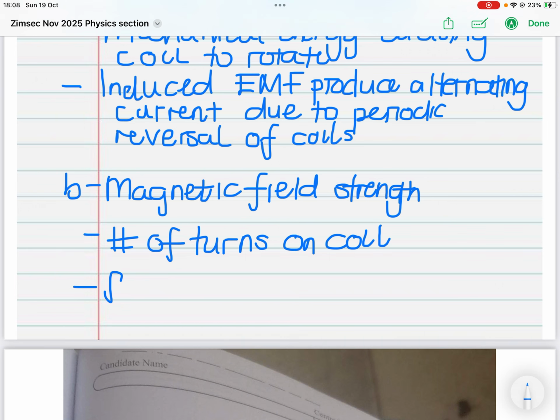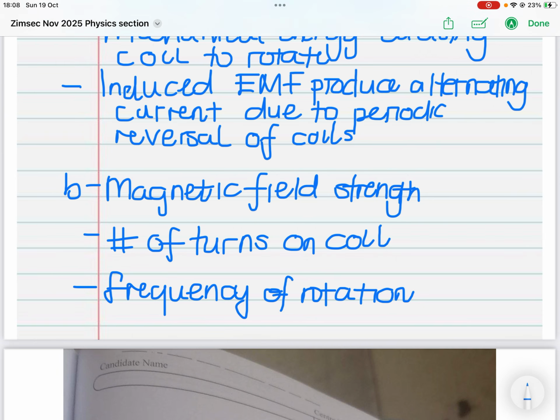We also talk about the frequency of rotation. We need to explain this point: the faster the rotation speed, the higher the induced voltage.